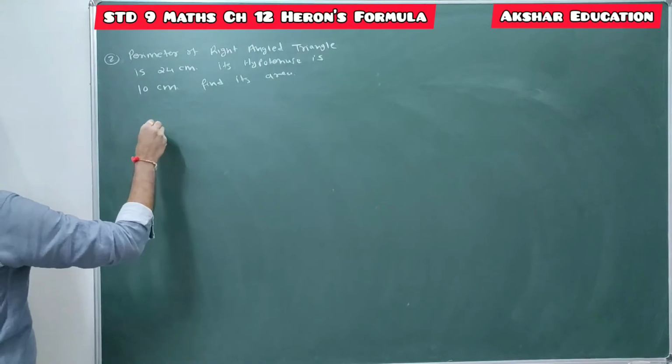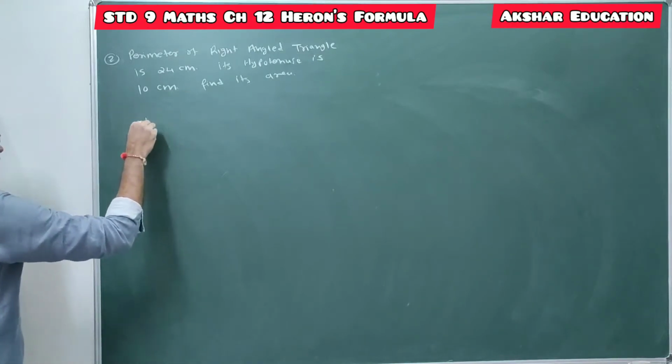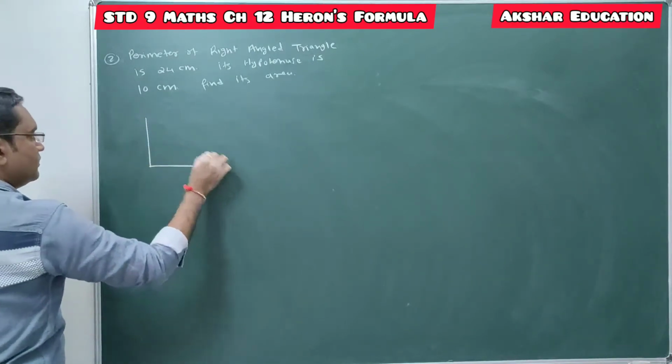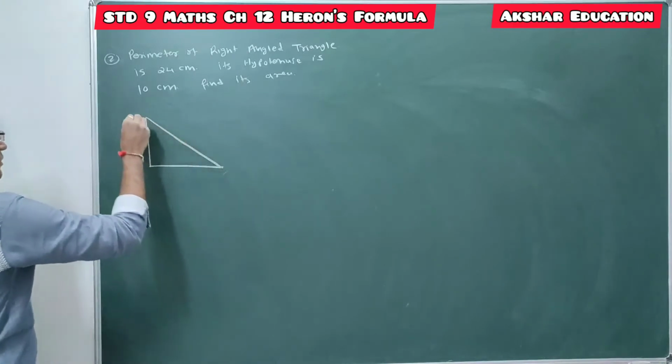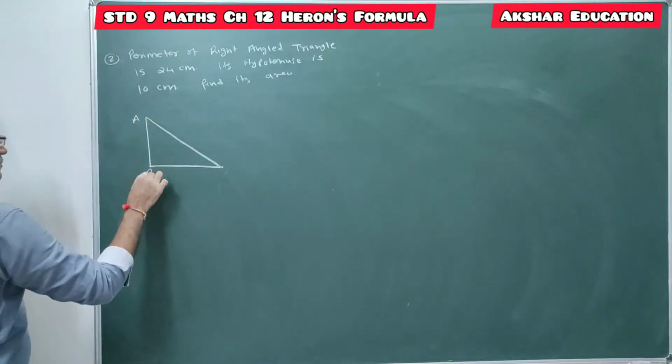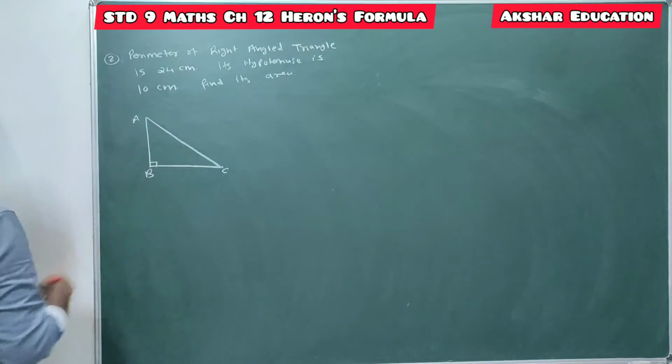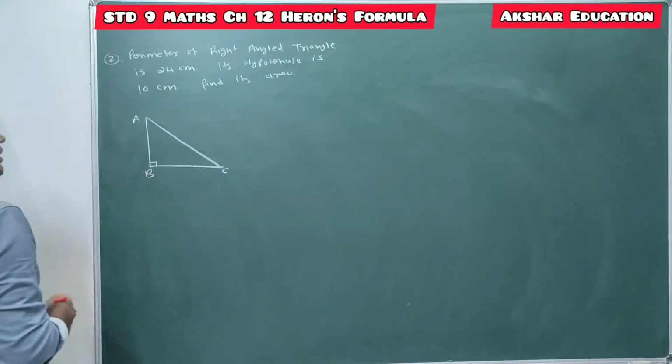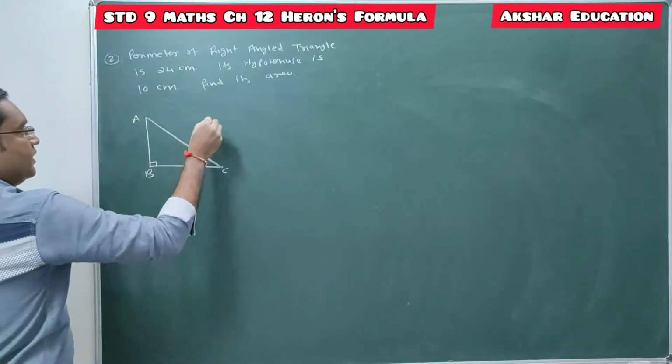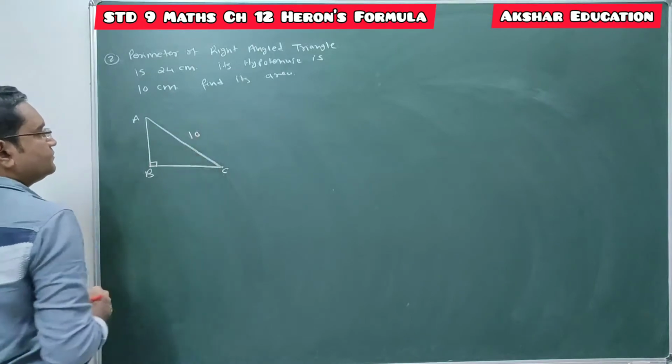So what are we given? The perimeter of the right angle triangle. So let this be right angle triangle ABC, right angled at B. The perimeter is 24 centimeter and the length of the hypotenuse is 10.